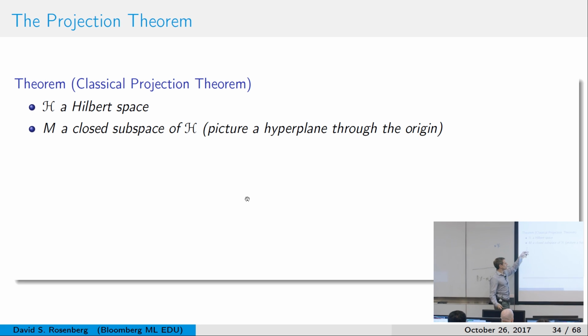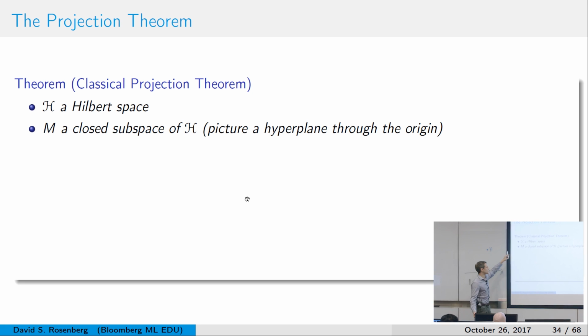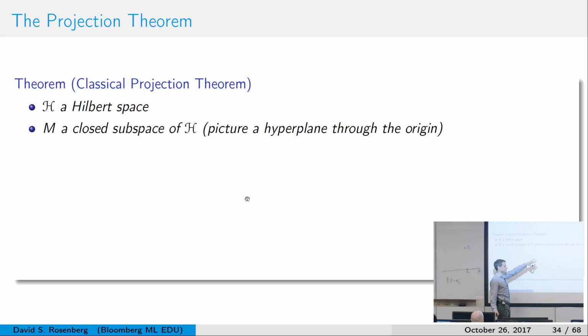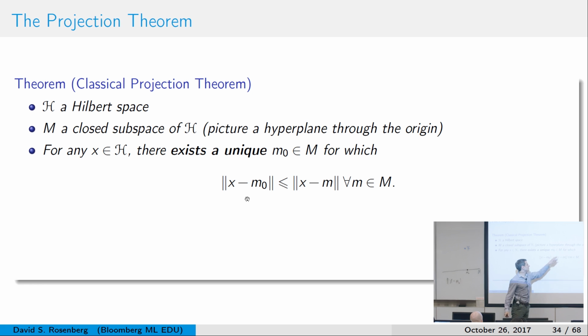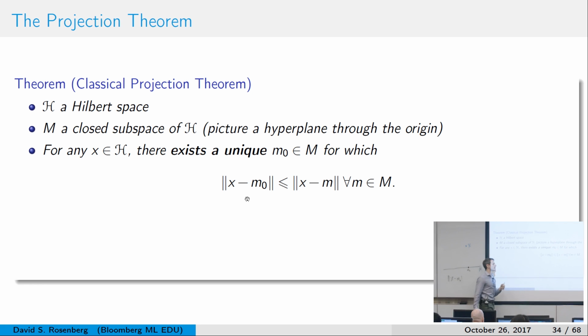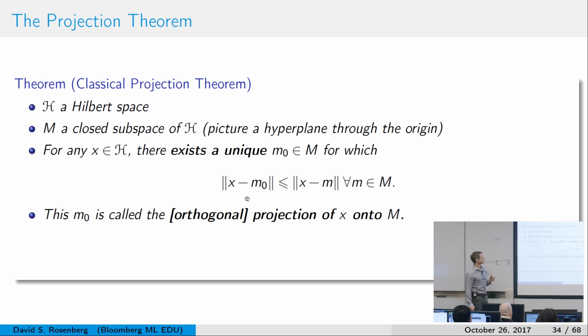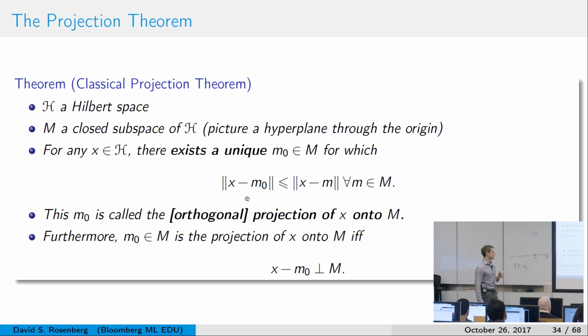If H is a Hilbert space, and that of course includes the standard inner product spaces, and M is some closed subspace of H, again, you should picture a hyperplane through the origin, then for any point x in the space, there's a unique m0, which we'll call our projection onto the subspace M, for which m0 is closer to x than any other point in M. It's called the orthogonal projection of x onto the subspace M.